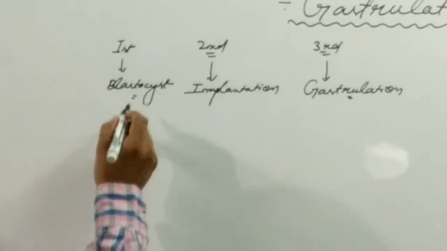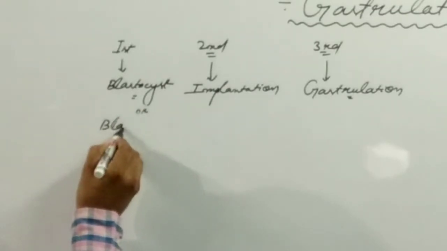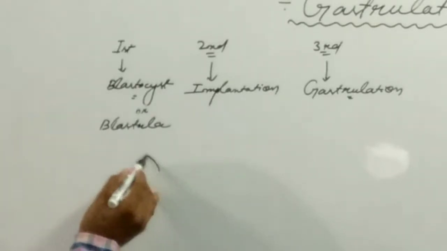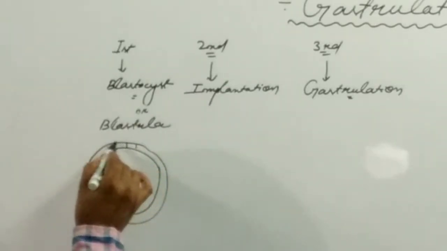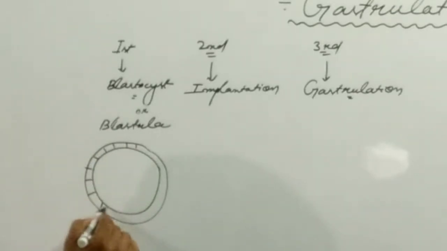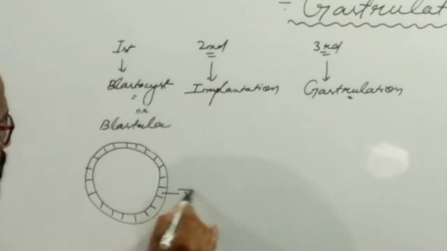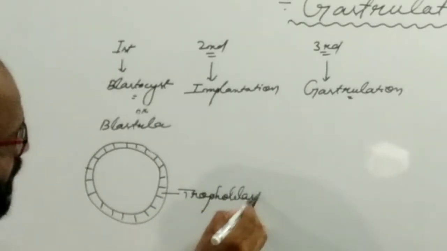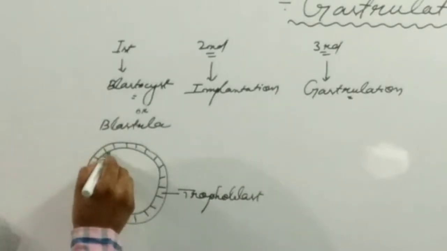I discussed earlier that the blastocyst is also known as the blastula. The blastula has two masses of cells: the outer mass of cells, which is known as the trophoblast, and the inner mass of cells, which is known as the embryoblast.